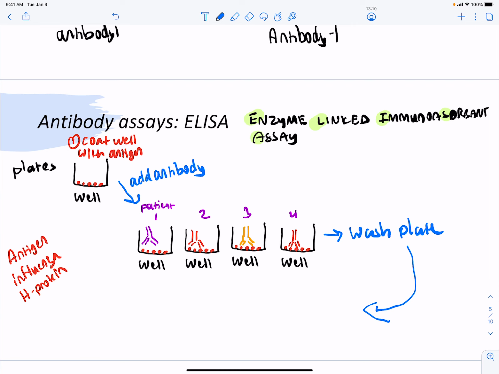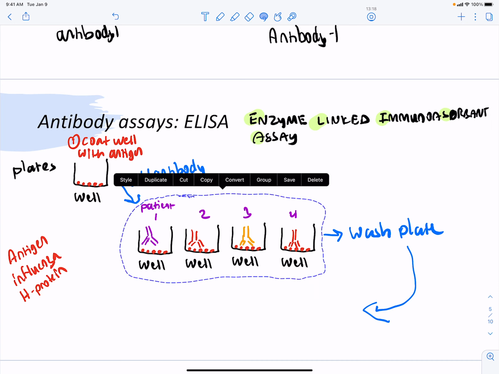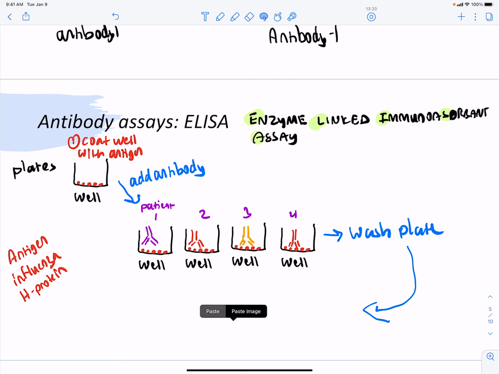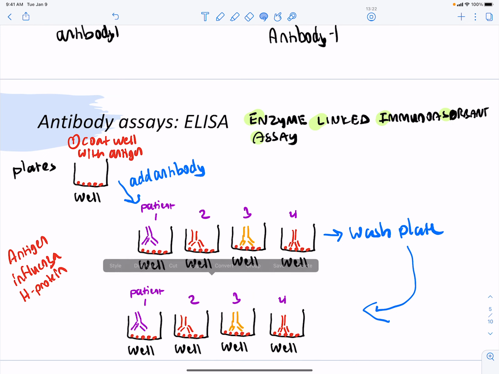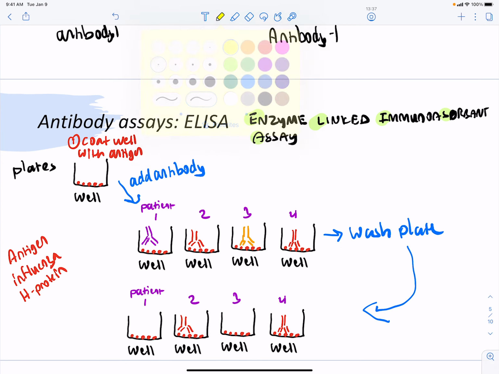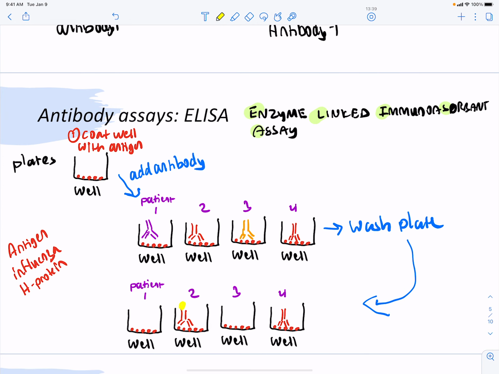And after you wash the plate and you add reagents to detect binding of your antigen and antibody, basically what happens is the purple antibody and the orange antibody do not stick. The red antibodies will stick, and you add a fluorescent marker, a tag.